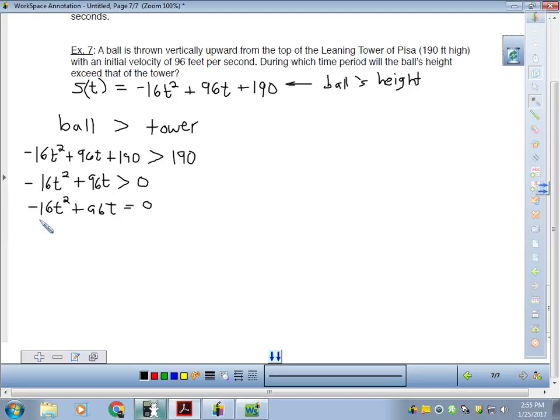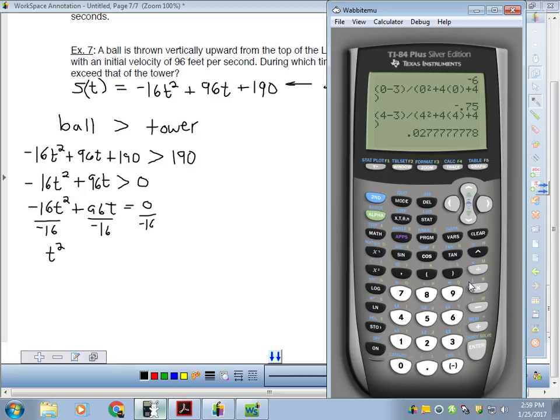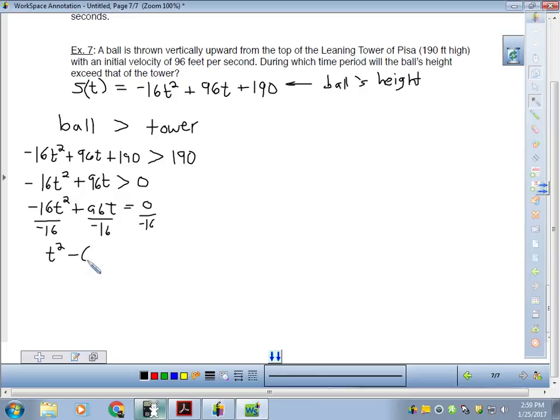Now, to make my life a little easier, I'm going to divide everything by negative 16. So negative 16t squared divided by negative 16 is just going to give me t squared. My calculator over here, 96 divided by negative 16 gives me negative 6. So I have negative 6t equals 0 divided by negative 16 is still 0.